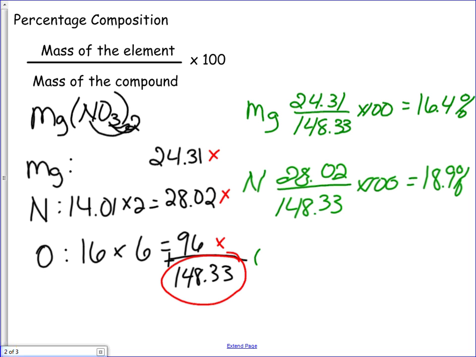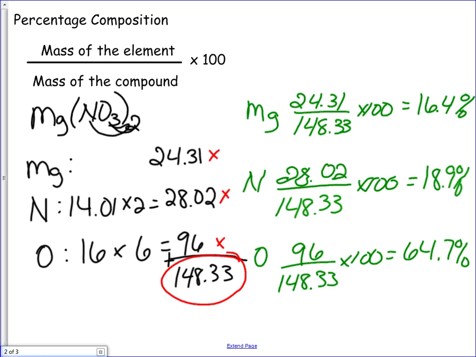And then we have oxygen. It is 96 divided by 148.33 times 100 gives us 64.7%. And then again, to check ourselves, we can add up our 3 percent values here, and we should get something close to 100.